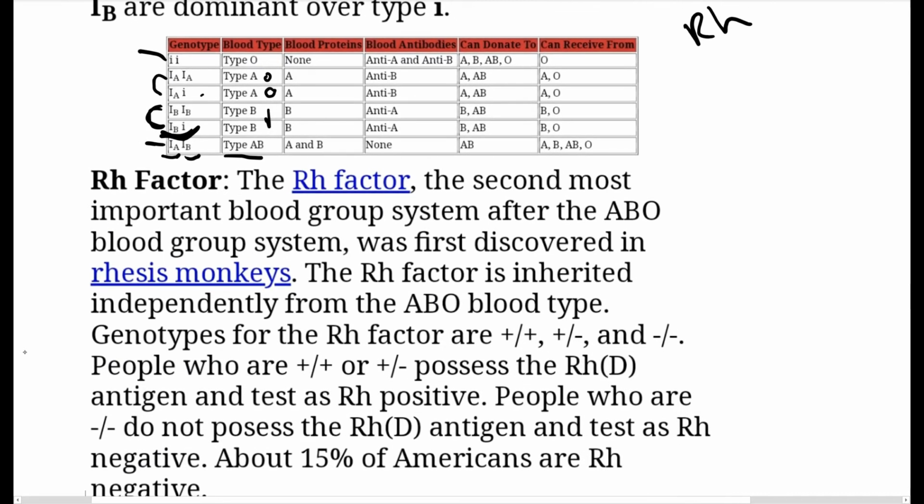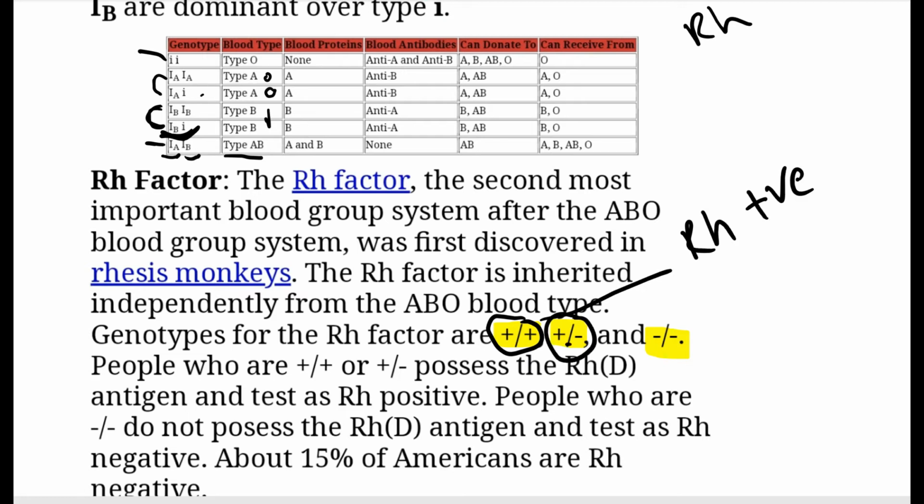The RH factor is inherited independently from the ABO blood type. Genotypes for the RH factor are this, and this. Those three. So if you have this one, then your RH is positive.